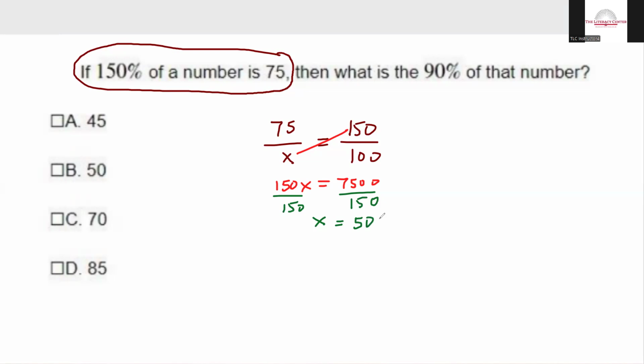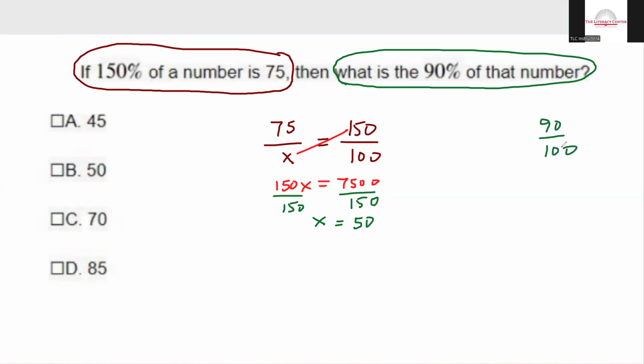But we're not done. We just found what the number is. Let's look at the next half. What is 90% of that number? So we could use the percent formula again. 90%, our 50 now goes on the bottom, because that's the number.